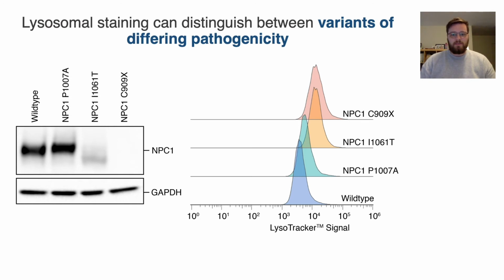We are sensitive enough to distinguish even mild variants. But what's great too is that NPC1 P1007A looks even distinguishable from NPC1 I1061T. So not only might we be able to distinguish between a disease-causing and a functional variant, we might be able to start discerning relative functionality of different variants based on this assay.